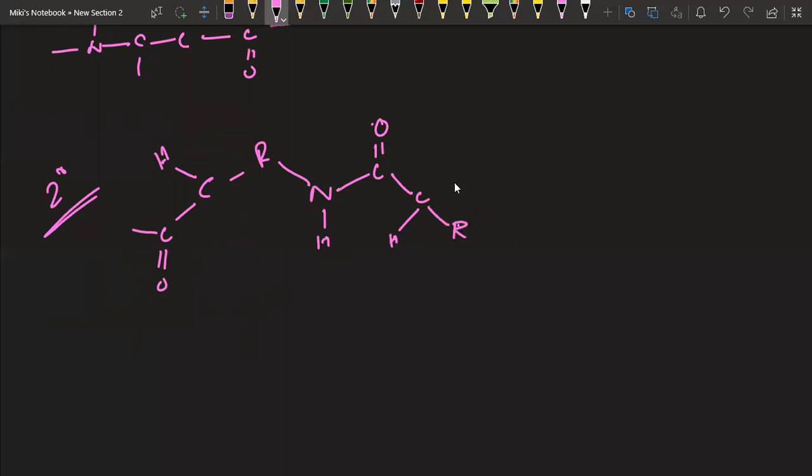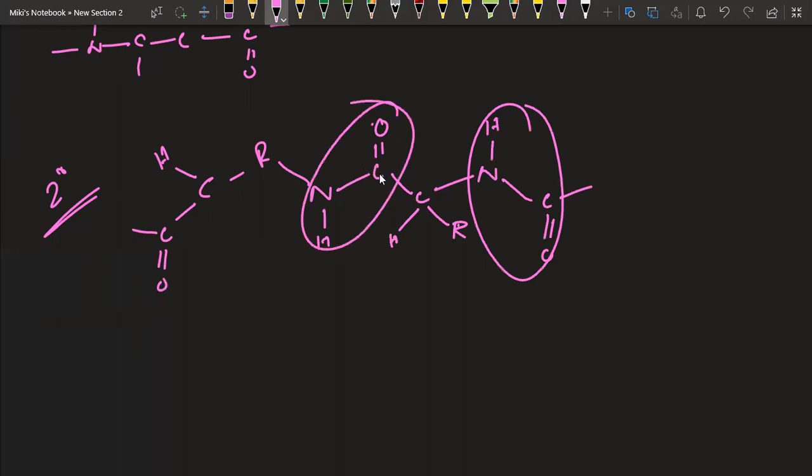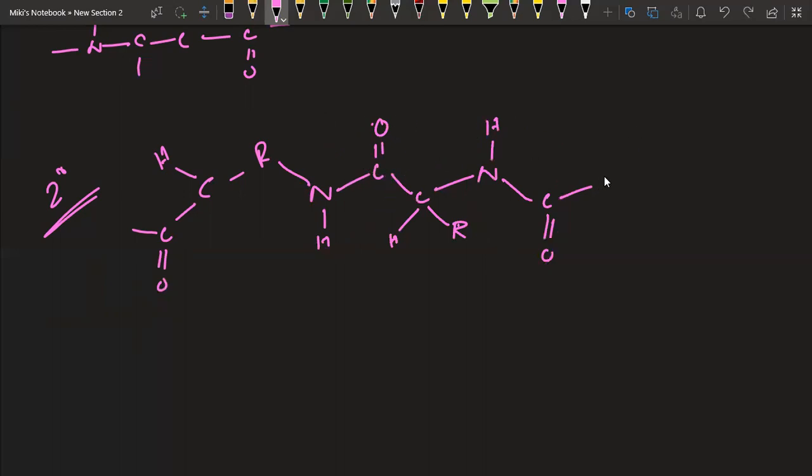Let's say this is the structure. It repeats. I'm just drawing the main chain, let's say in a zigzag pattern. So this is a peptide linkage. That's another peptide linkage. Okay. And we have CH, R, N, H, and it goes on.